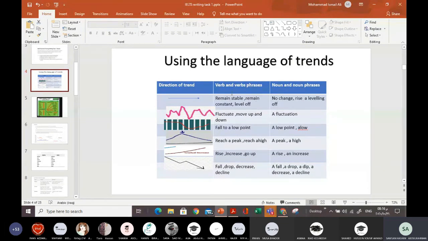And if we use it in a verb or verb phrases, but if we use it in noun or noun phrases, you are going to say what?